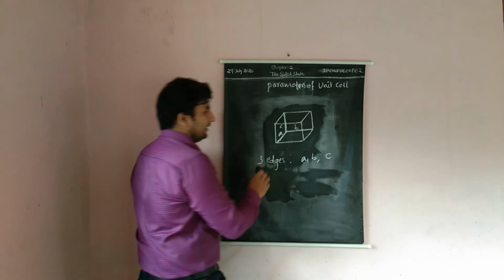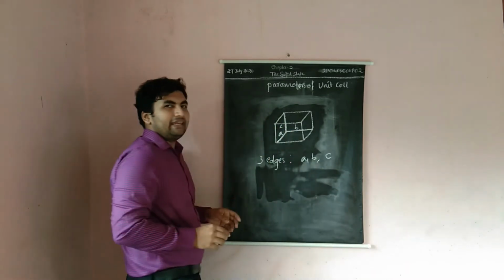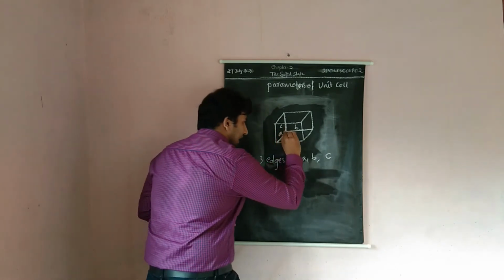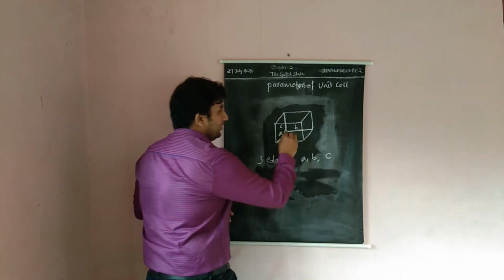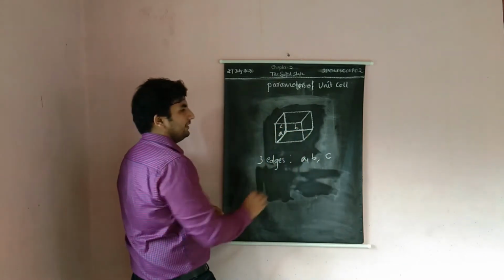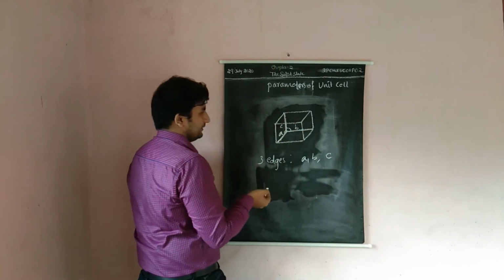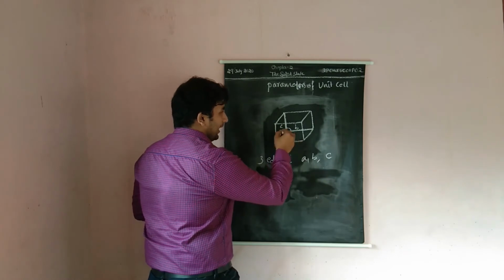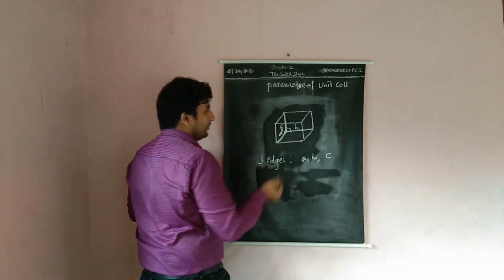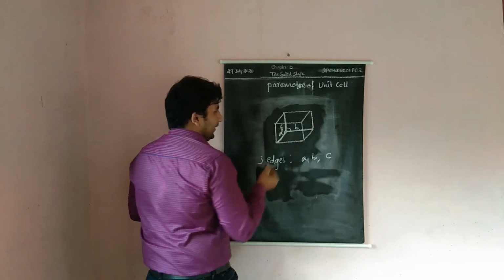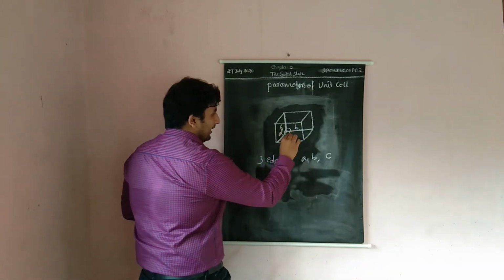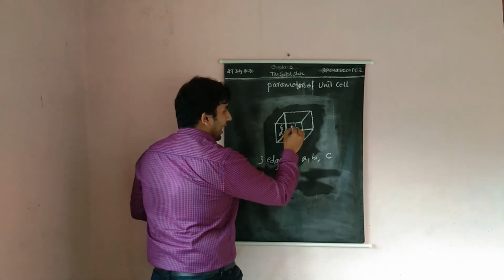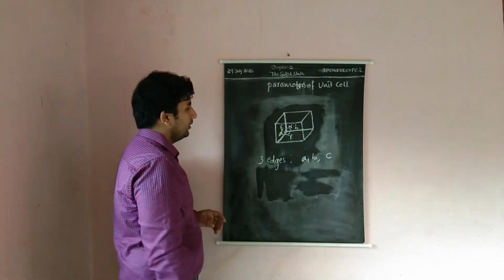These are 3 parameters, and there are another 3 parameters. Between those edges there are angles. The angle between A and C, I will name it beta. The angle between A and B, name it gamma. The angle between B and C, name it alpha.